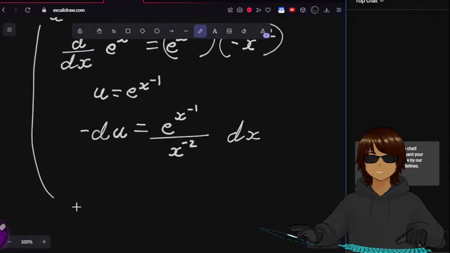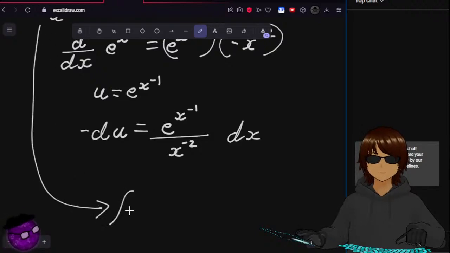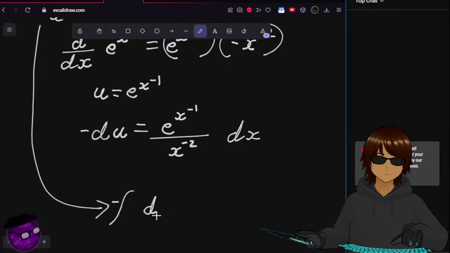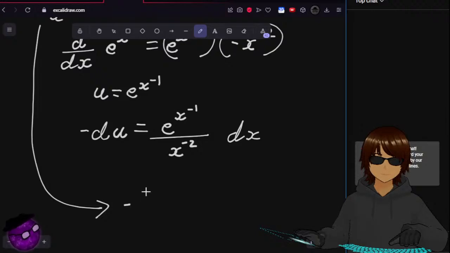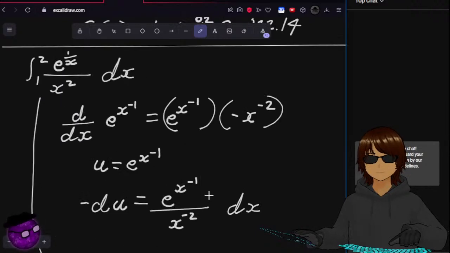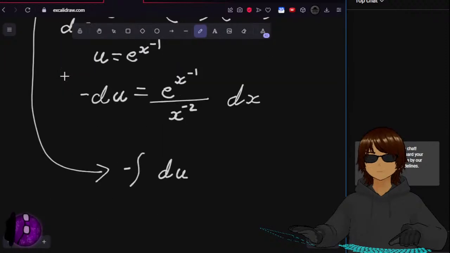So then this, if I put 2 here, e to the power of half over 4.